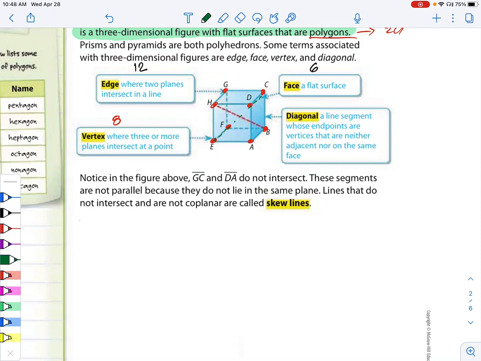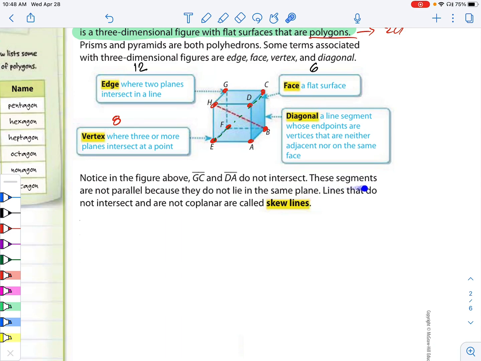We also notice that in the figure above, segment GC and DA do not intersect. Look at this, GC and DA do not intersect. Why? Because they are in different planes.